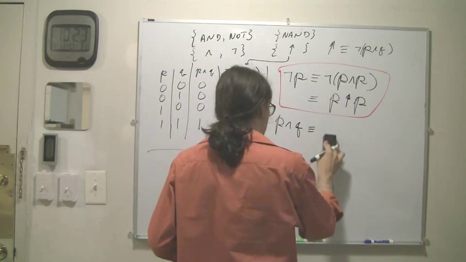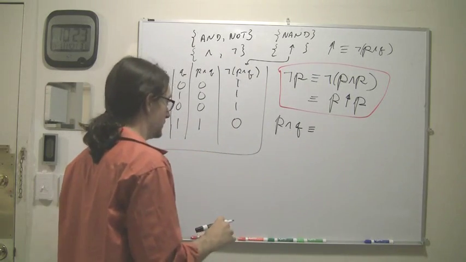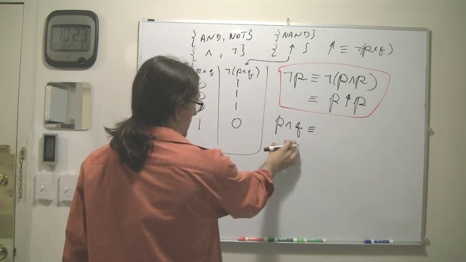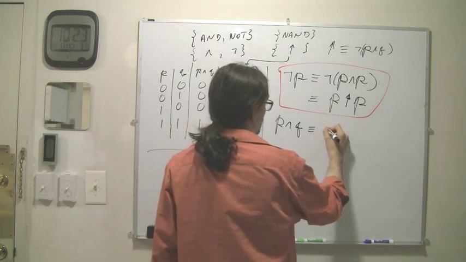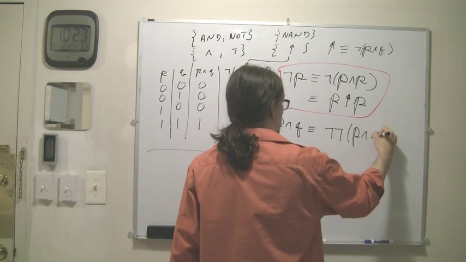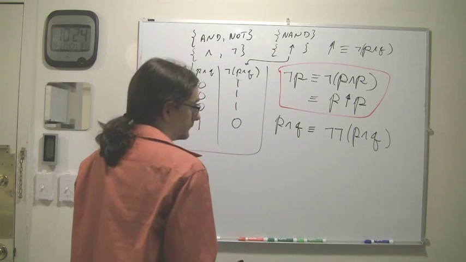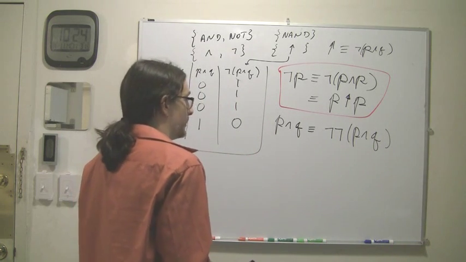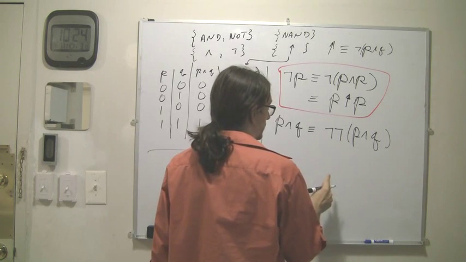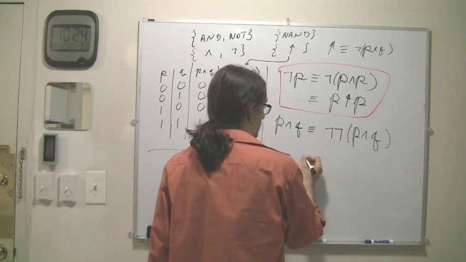It takes just a little bit of ingenuity. Of course, it is the case that P and Q is equivalent to not not (P and Q), right? But again, not (P and Q) is equivalent to P NAND Q.